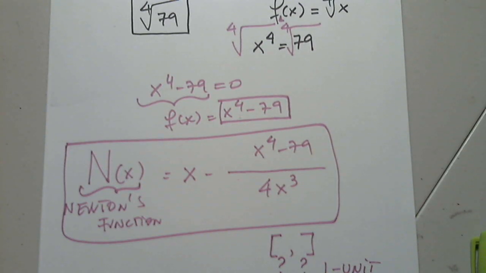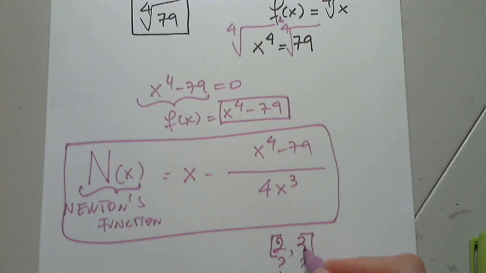I am not cheating, but I want to see 79 to the power 1/4. So it's 2.9. So my interval will be between 2 and 3. Between 2 and 3.